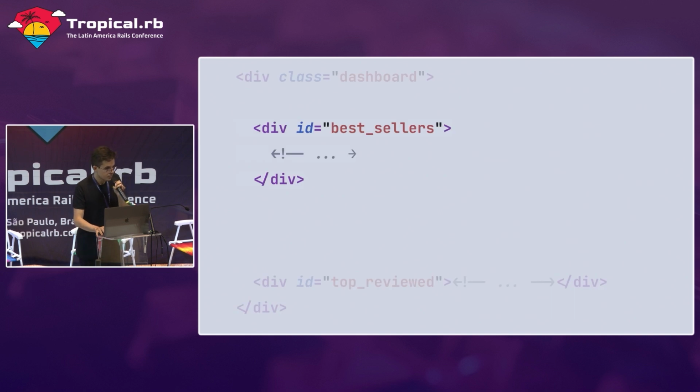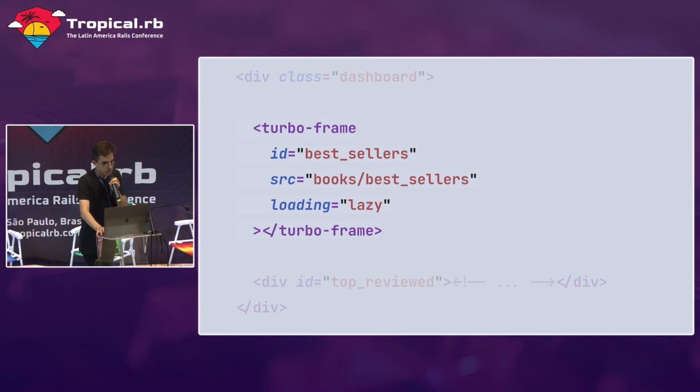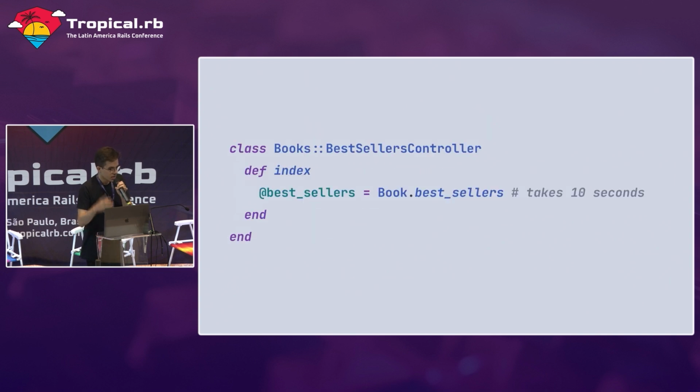To do that in code, instead of just rendering whatever you need, now you use a turbo frame, and you give it an ID and a source. And a source basically means the route where you are going to fetch that content from. And we mark it as lazy loaded, which means that we only load this content when it's on the viewport, when the user is seeing that part of the screen. Then you can implement the controller as you would normally.